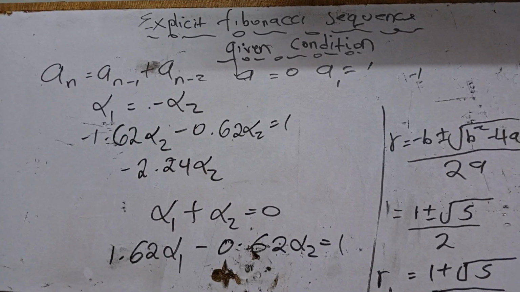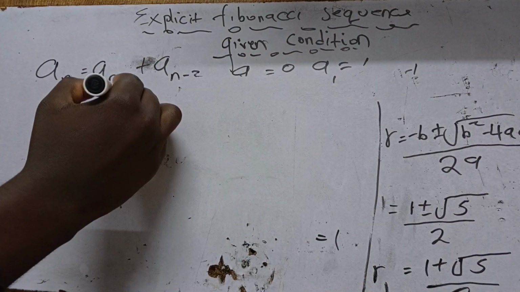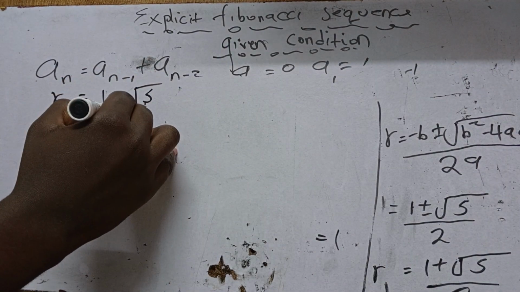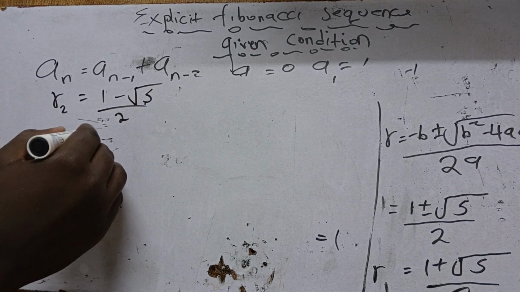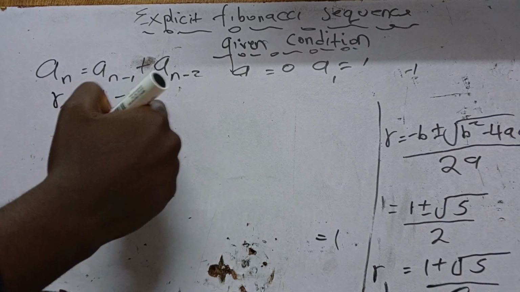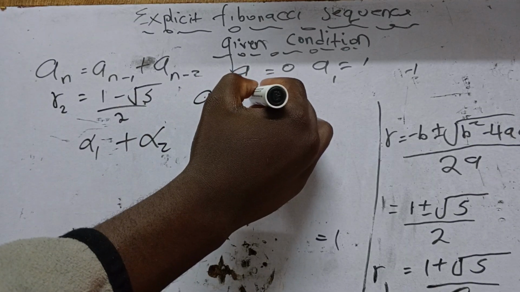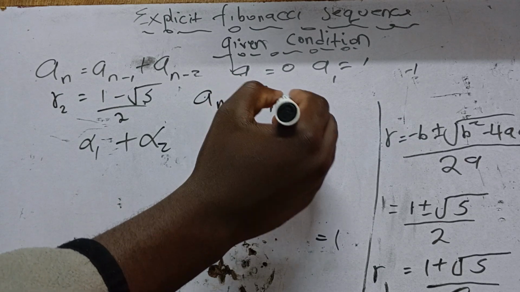We are going the wrong way. Our r2 was 1 minus root 5 over 2. So if you erase all of this, we have an is equal to alpha 1 r1 to the n plus alpha 2 r2 to the n.